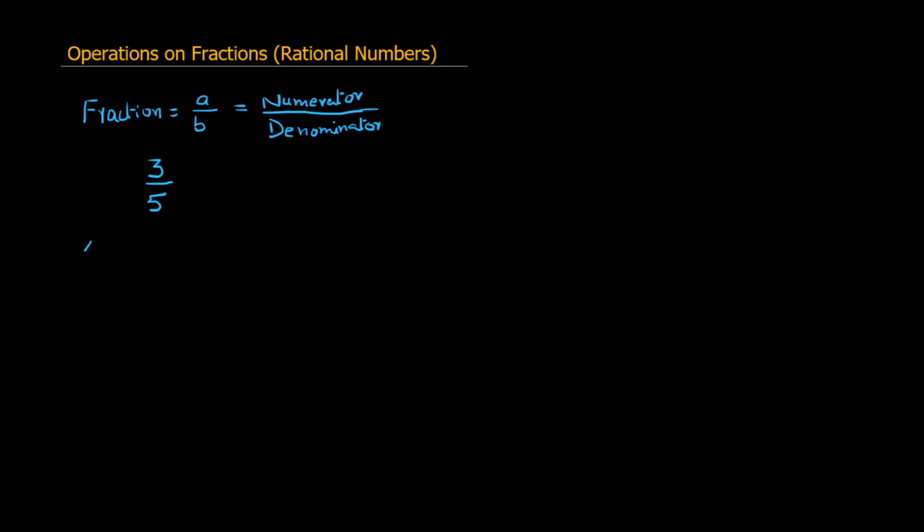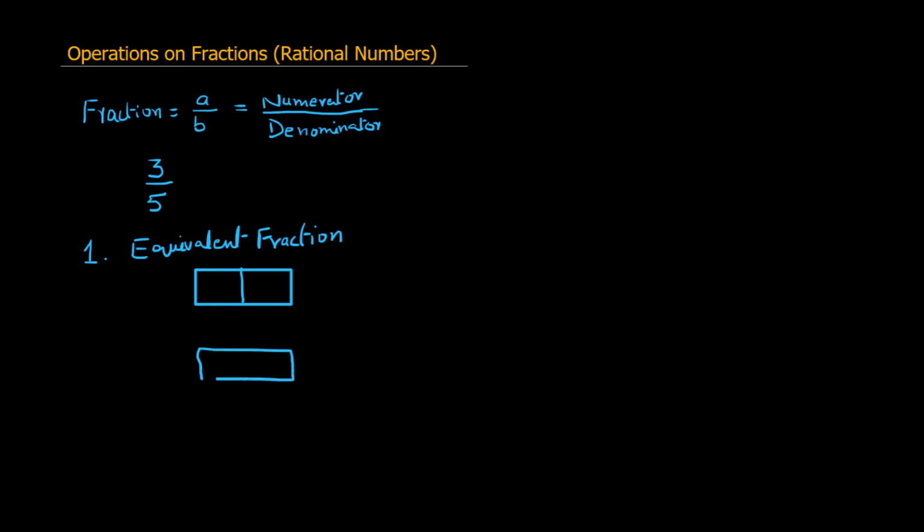The first thing about fractions which I would like to highlight is called equivalent fraction. I would like to explain this with the help of a simple diagram. Let's say we have a rectangle, another rectangle, and let us say we highlight this rectangle.